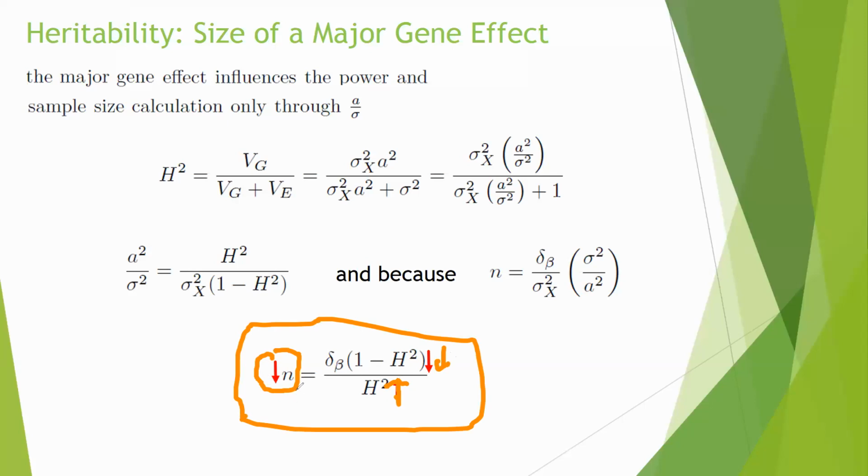So if you study 2 different traits with different levels of heritability, one with high heritability, the other with low heritability, for the trait with high heritability, you don't need many samples to detect the QTL, the associated genomic loci, right?